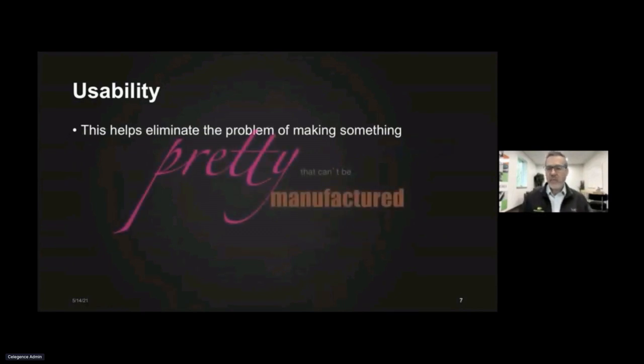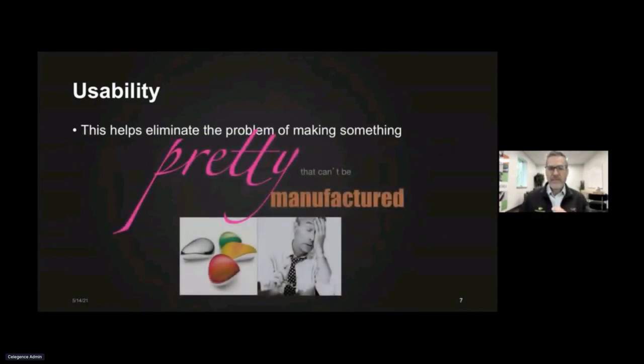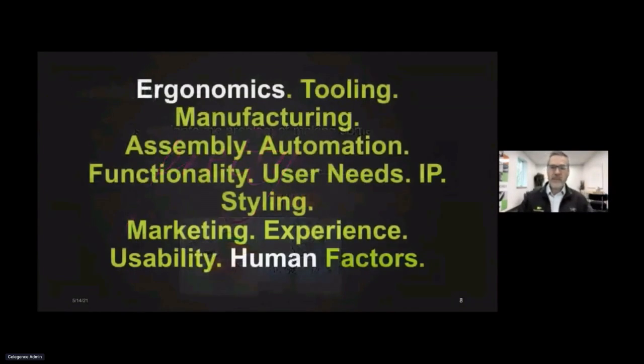And that's important because it helps eliminate the problem of a designer making something that's pretty, but it can't be manufactured, and it leads to a huge headache, or it can't be used effectively by the user. And that, of course, leads to failures out in the marketplace, which is what human factors engineering is all about: avoiding those kinds of failures that are based on usability. So we want to avoid those things.